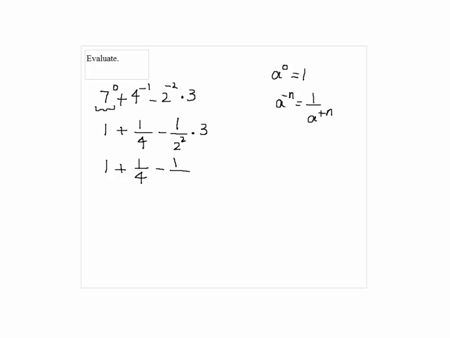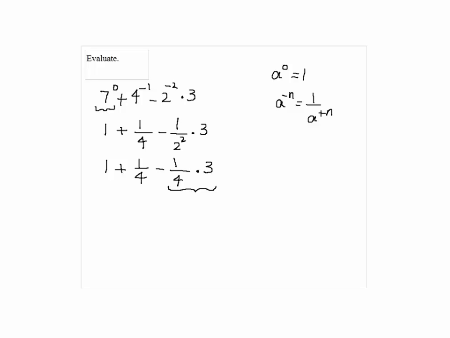So we have 1 plus 1/4 minus 1/4 times 3. We have to follow the order of operation here. From left to right, we look for parentheses and exponents, which we don't have anymore here.